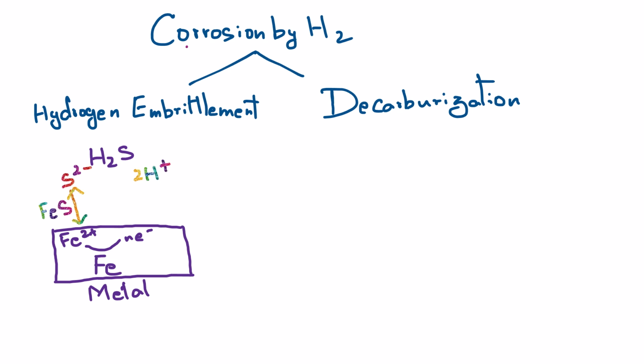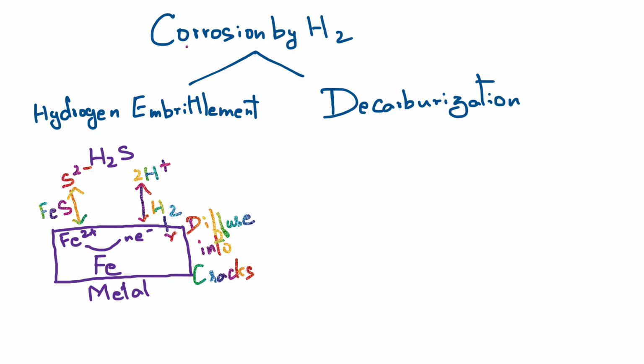Hydrogen sulfide splits into hydrogen ion and sulfide ion. Sulfide ion reacts with the Fe2+ and forms iron sulfide. H+ ion reacts with the electron and forms H2, that is, atomic hydrogen is converted into molecular hydrogen.